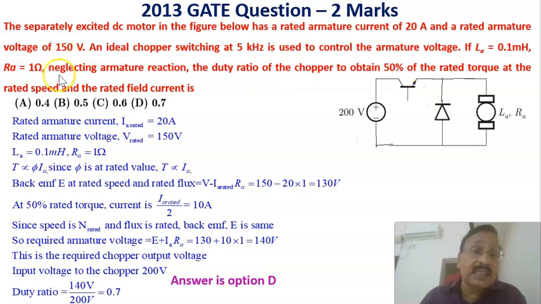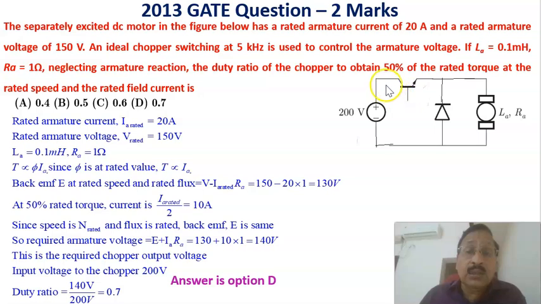It is specifically told that it is a separately excited motor, and the rated armature current is 20 amperes and the rated armature voltage is 150 volt, the inductor is 0.1 millihenry and armature resistance is 1 ohm.